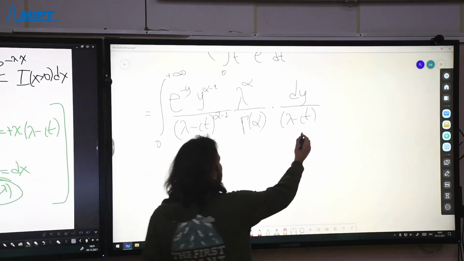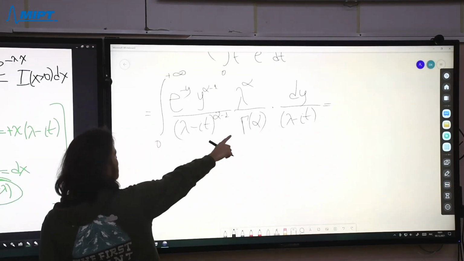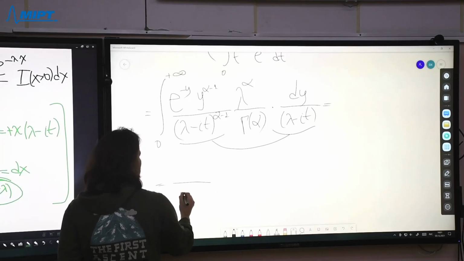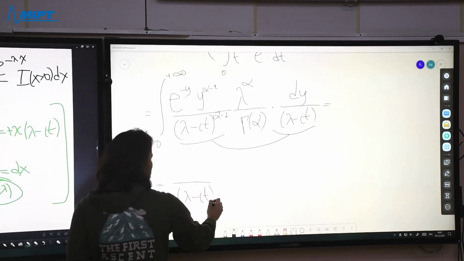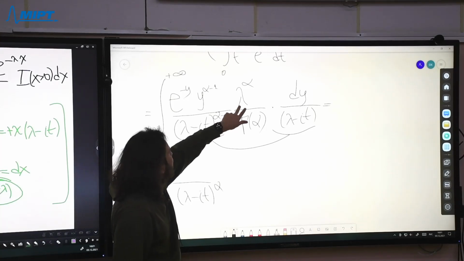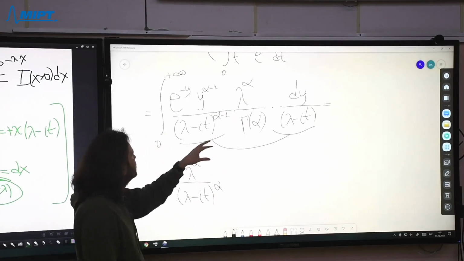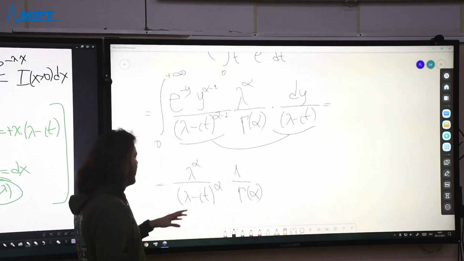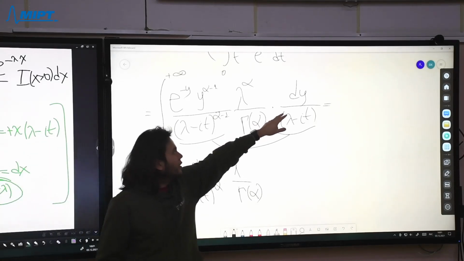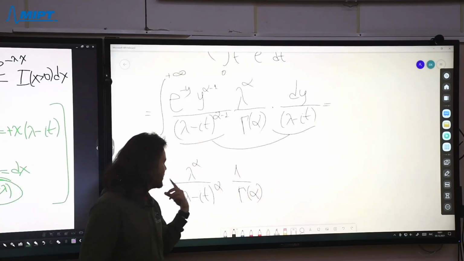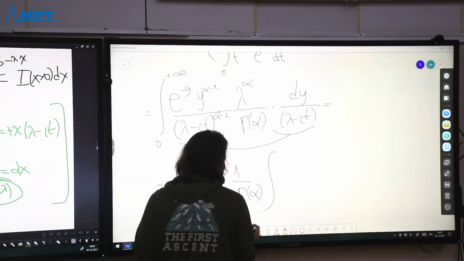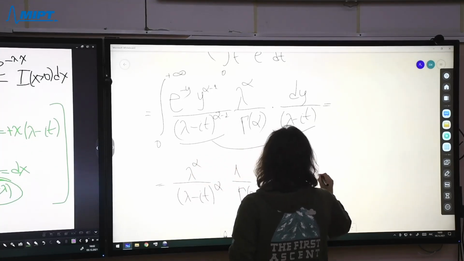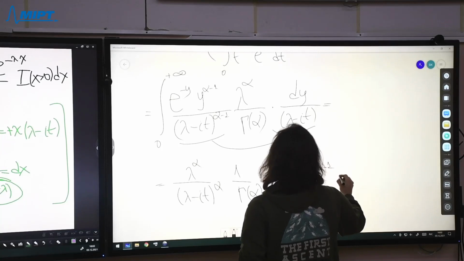What do I get here? I can put these together: I get (lambda minus it) to the alpha here, and I have lambda to the alpha here, and 1 over the gamma function of alpha. This is an integral over y, so this doesn't depend on y, and I can take it out. And I have e to the minus y, y to the alpha minus 1 dy.